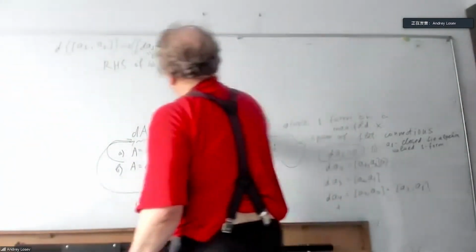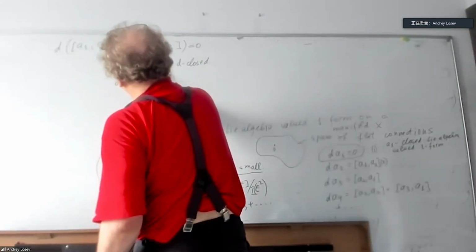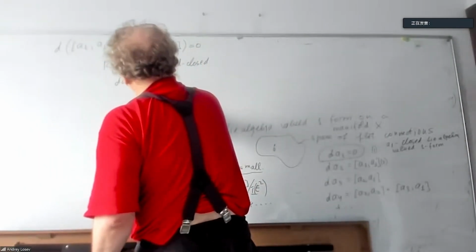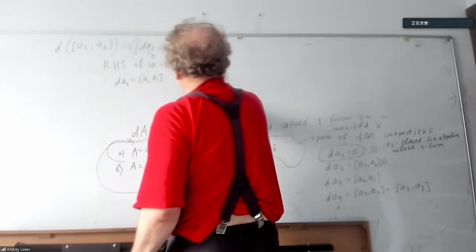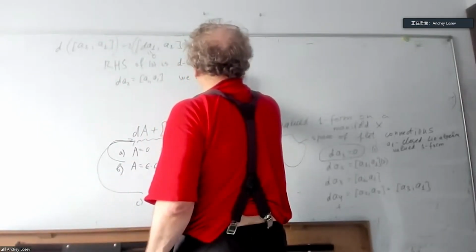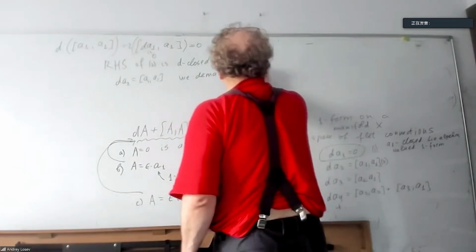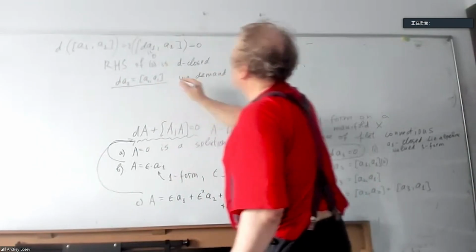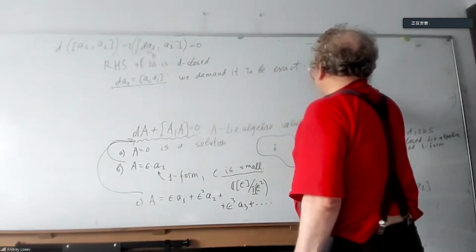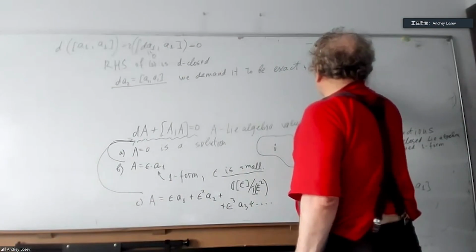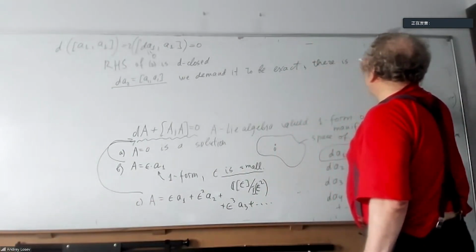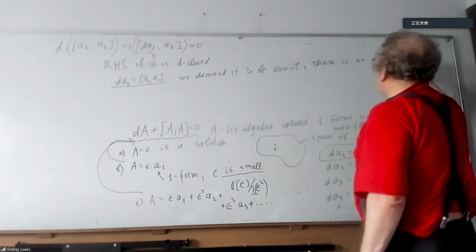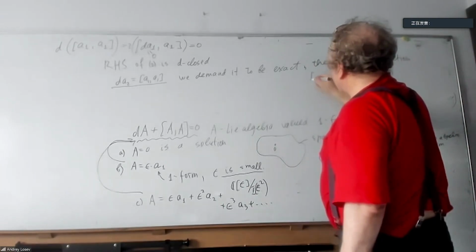But what 2 is all about? dA2 equals A1, A1. So we demand it to be exact. There is an obstruction. And it's a map.